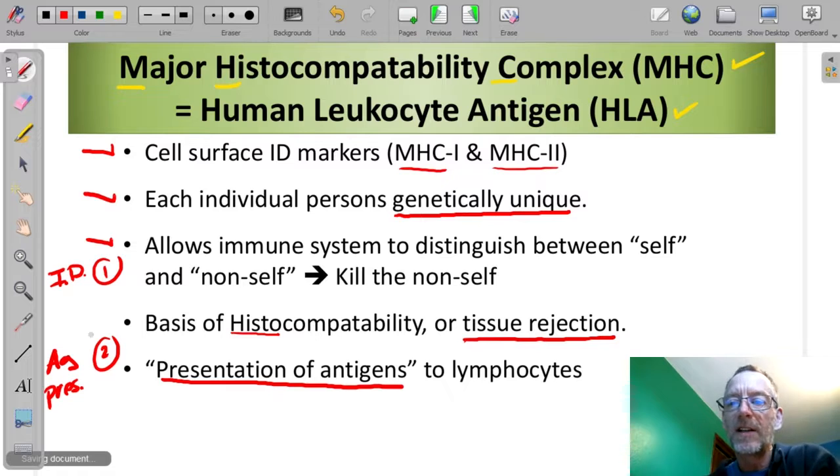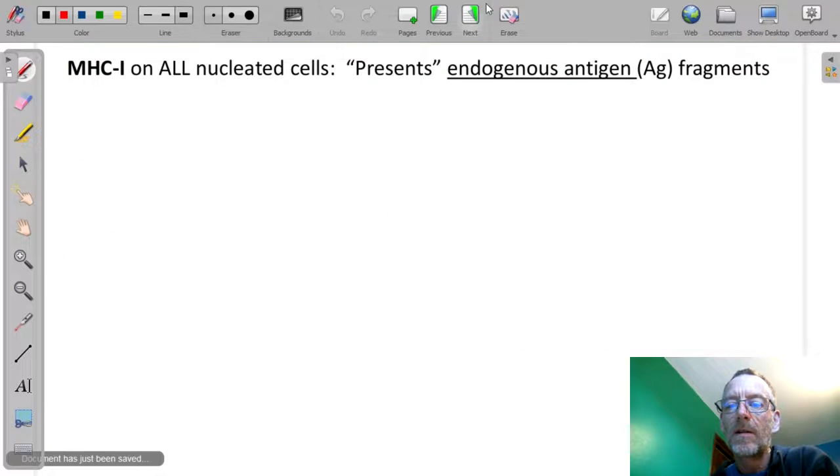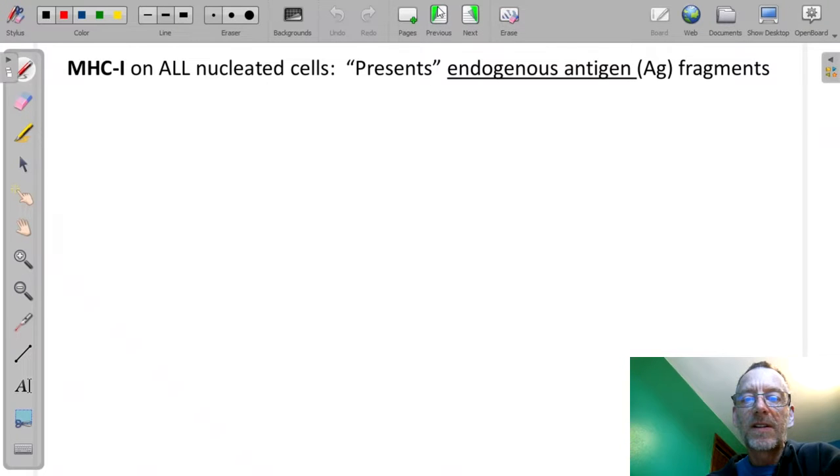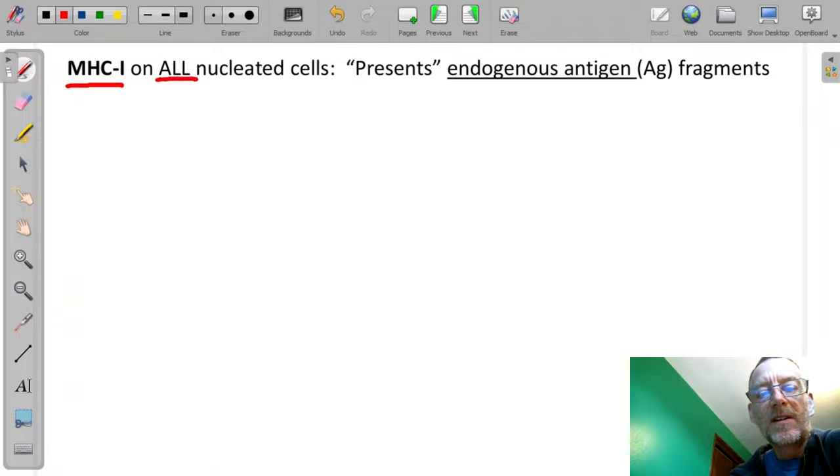So the next slide, I need to do some drawing. I skipped one. I'm going to start with MHC1 proteins. And MHC1 proteins are on the surface of all of your nucleated cells.